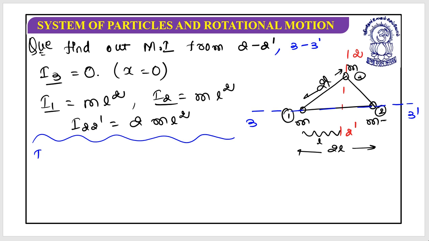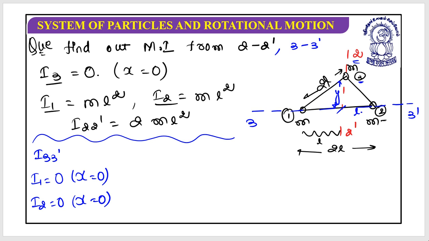When I work on I 3 3 dash, what I understand is I1 equals 0, because the rotational axis passes through it, so x equals 0. I3 would also be 0, because the rotational axis is passing over it. But I2 definitely would not be 0. So I need to find this y as a distance, because it is the perpendicular distance of the second, or sorry, of the third mass from the rotational axis.